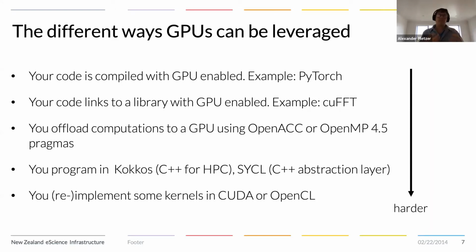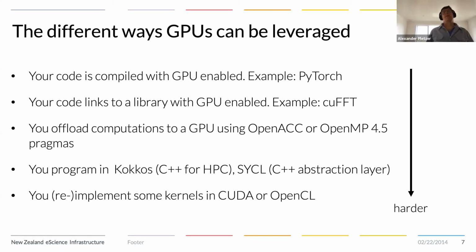So you're writing some code and you're doing an FFT, a Fourier transform, or calling PETSc, some of these libraries. Maybe they have a GPU version which has been optimized, so you can just link against it and everything should just work, or with very little effort. It's more a question of changing the build system of your code.